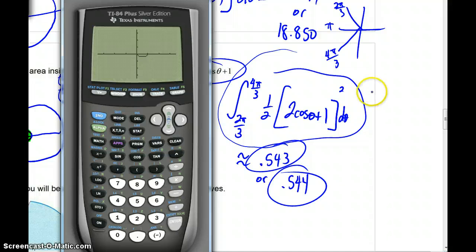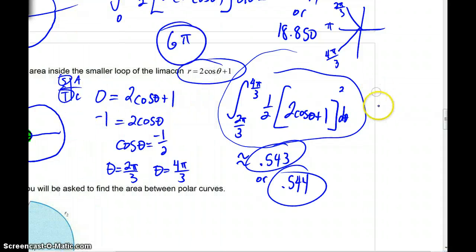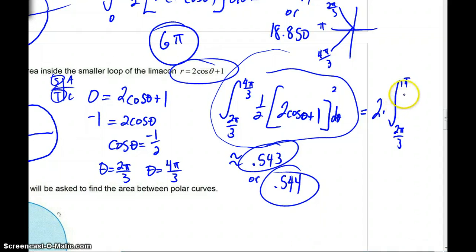So using symmetry, we could say that this would be 2 times the integral from 2 pi over 3 up to pi. And we could see that the 1/2 here would actually get crossed out with that 2.